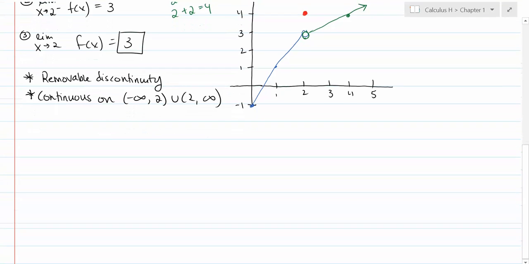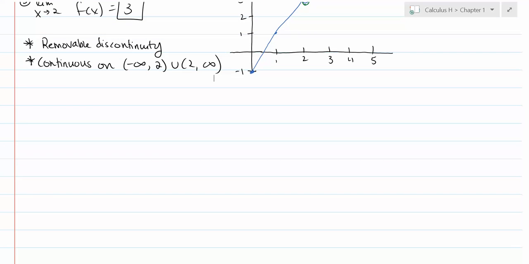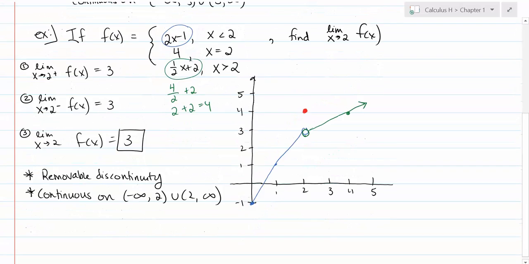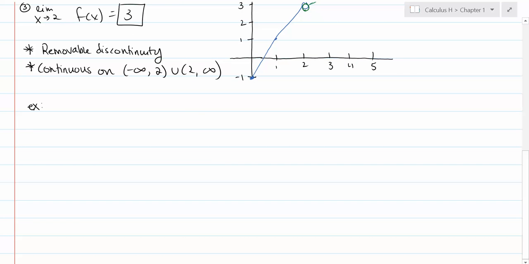Okay. All right, so let's look at some examples maybe where we have non-removable discontinuity. So let's say we had the limit as x approaches 2 of 1 over x minus 2. So if you think about this graph, we know we have a vertical asymptote at 2 here. Okay, and we know this graph looks something like so.